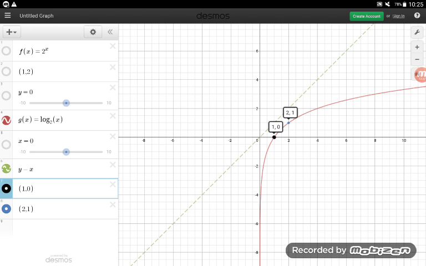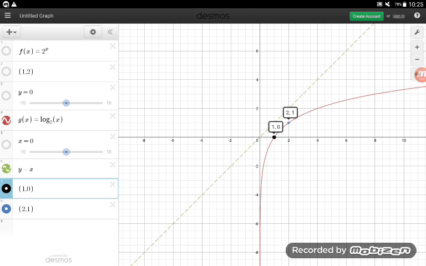If you look at the logarithmic graph, the red line, log x to the base of 2, what do you think? Is there an asymptote? There is.